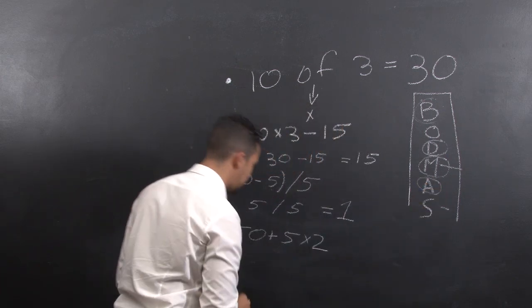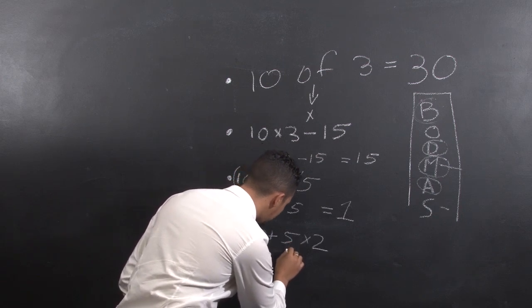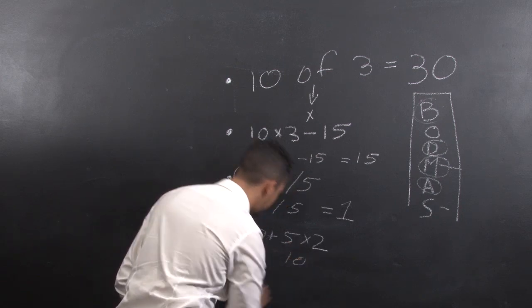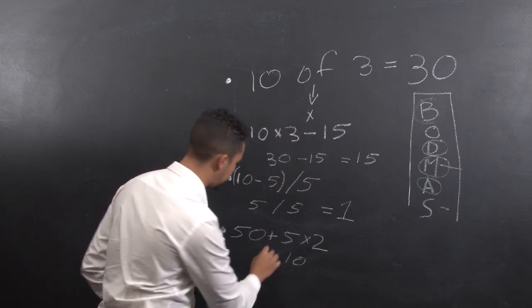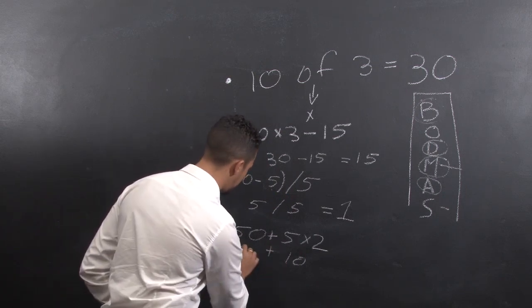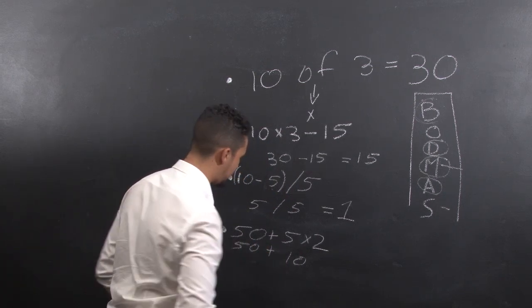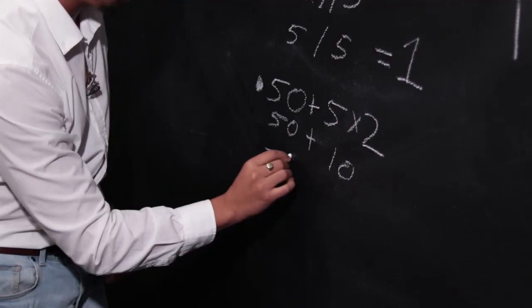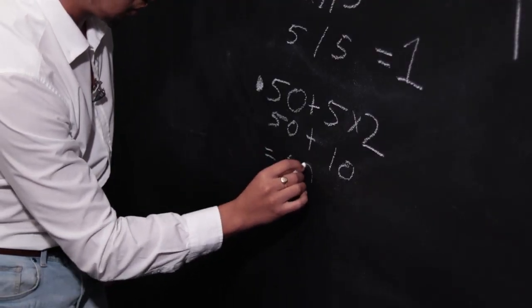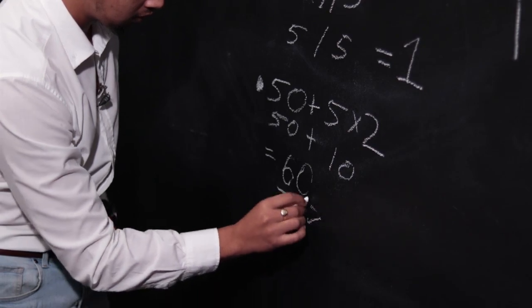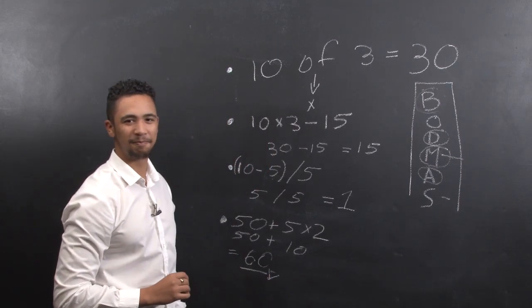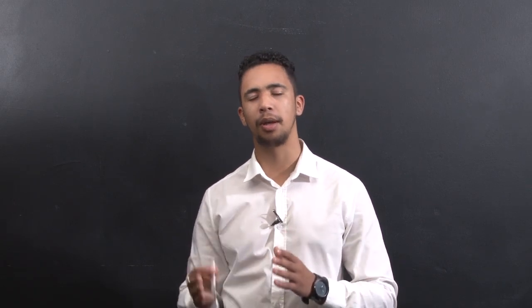So let's do the multiplication first. 5 times 2 is 10 plus 50. That will give us 60.